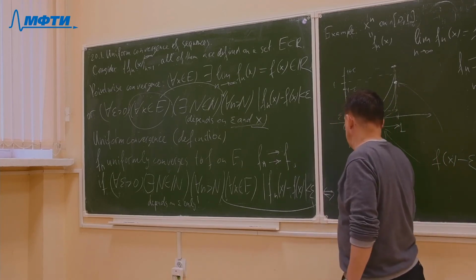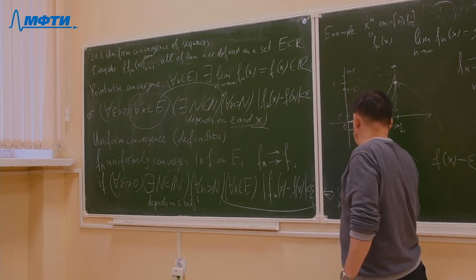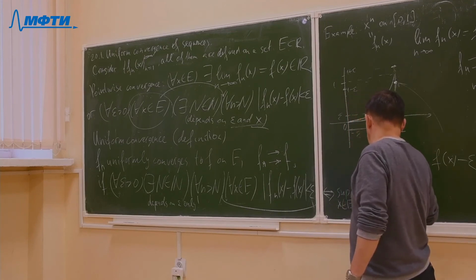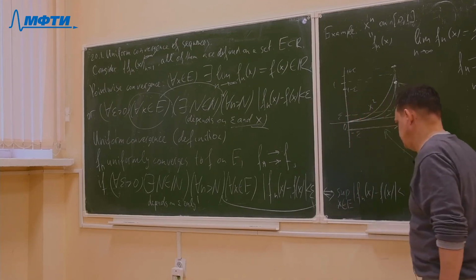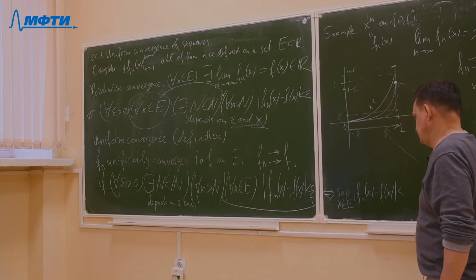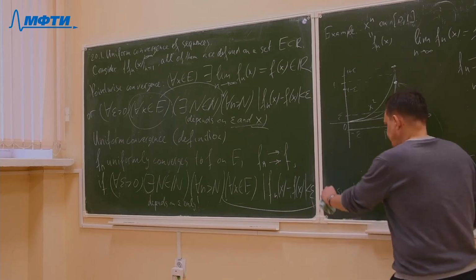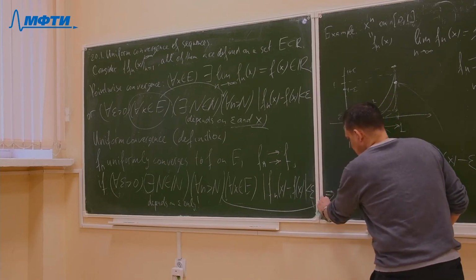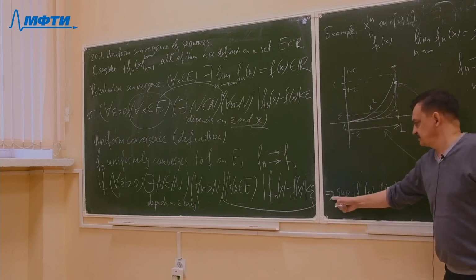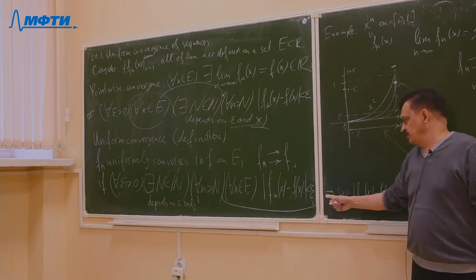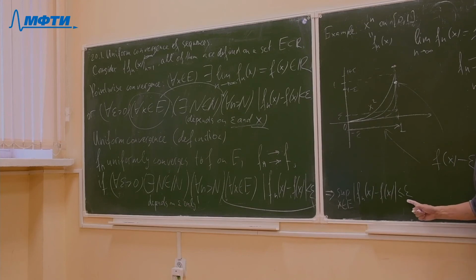of |Fn of x minus f of x| is less than or equal to epsilon. Just implies, right? So if that is true, then the supremum is less than or equal to epsilon.